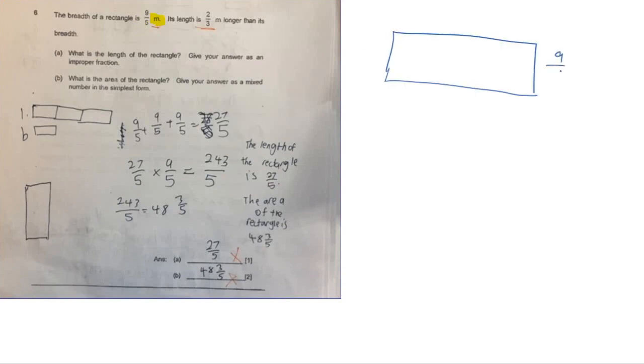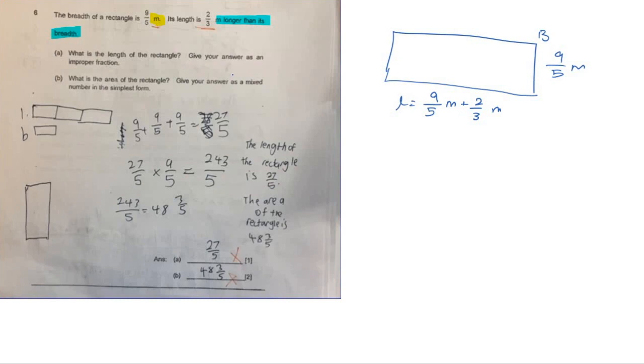Breadth is the shorter side, but its length is 2/3 meter longer than the breadth. So the length is the breadth, plus 2/3 meter longer.